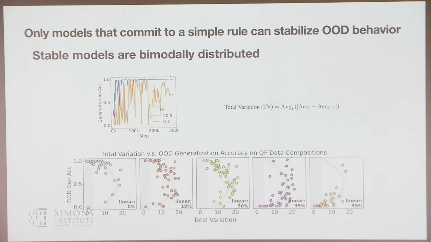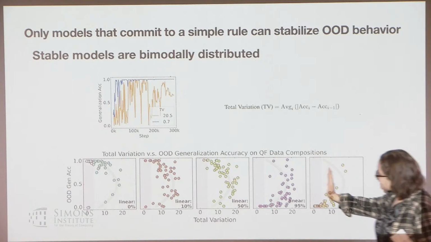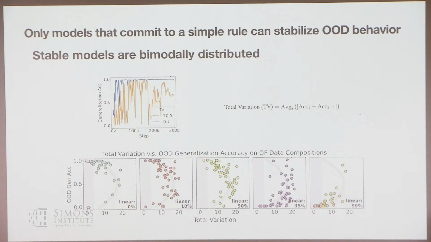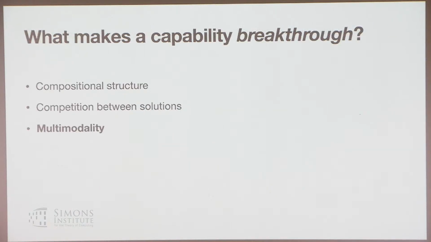So in general, it turns out that if you commit to one of these rules, linear or hierarchical generalization does not matter, then it's associated with the stability of the curve. And if you don't, you keep on oscillating, trying to decide between rules. Everything that's on this end of each of these plots is stable, and is very close to either 0 or 1, very close to a systematic rule.